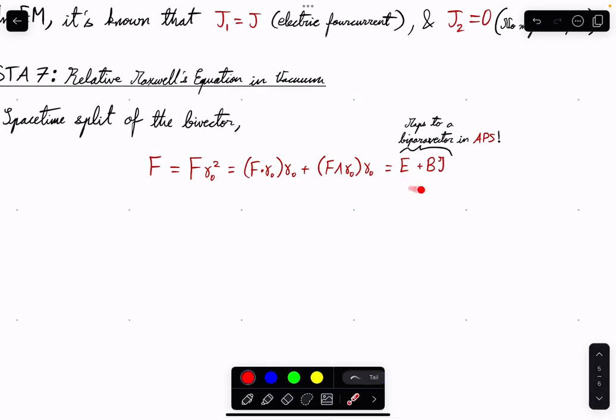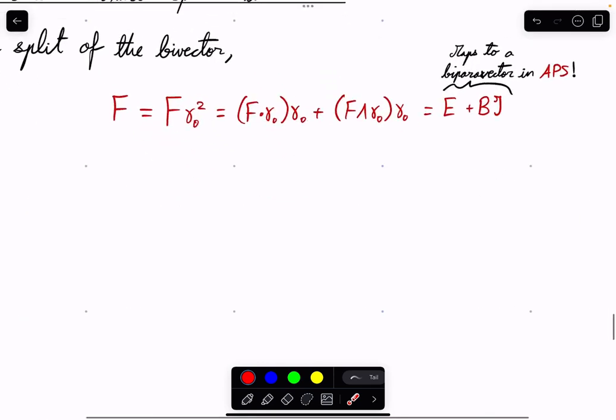So it's just the electromagnetic field, though this is actually something you can do for any bivector. But in this case, yes, we are considering Maxwell's equation, so it is an electromagnetic field.